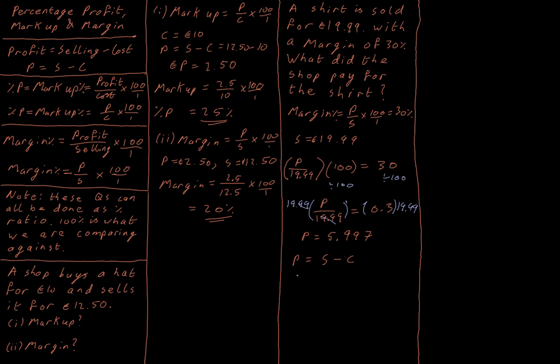So we have 5.997, the profit, is equal to the selling price, which was 19.99 minus cost. Rearranging our formula, we want to get cost by itself, so I don't want that 19.99 there.